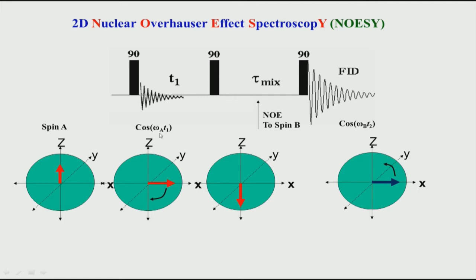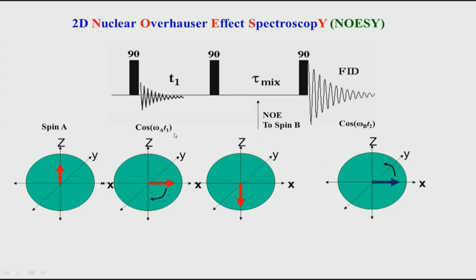Omega is the chemical shift. Now, during this mixing period it comes to minus z, and then it transfers to B because of NOE, and then as we said, after the last pulse is applied, the spin A energy as polarization has gone to B, and now B is brought to the xy plane, which is shown by this blue, and B will start rotating in the xy plane by chemical shift.